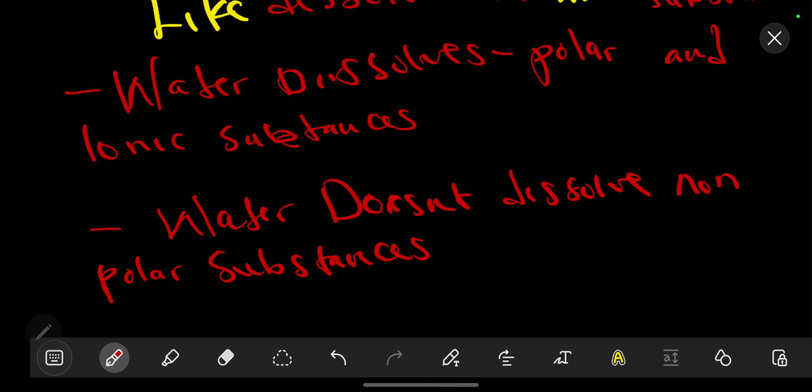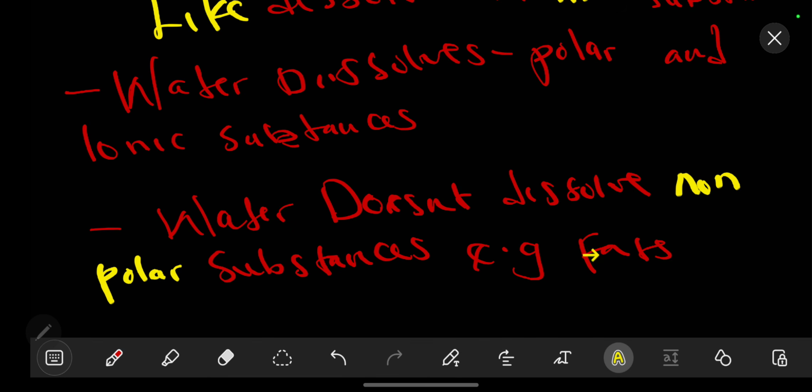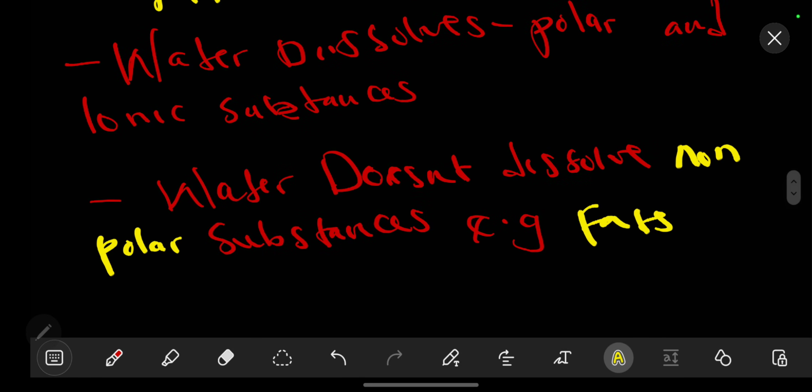So under non-polar substances, electrons are mostly shared equally between atoms. We might be looking at fats. Fats do not dissolve in water. That's an example of a non-polar substance. So firstly, water doesn't dissolve non-polar substances, for example fats.